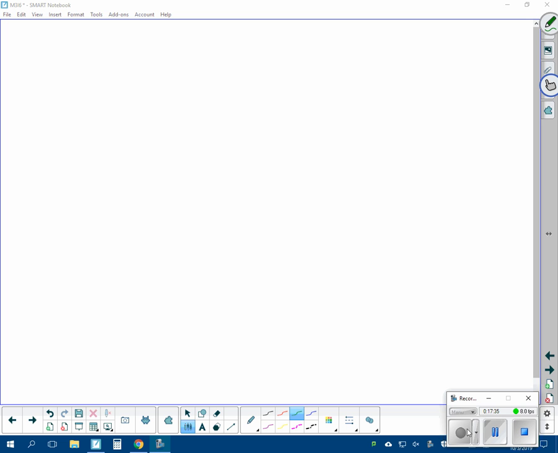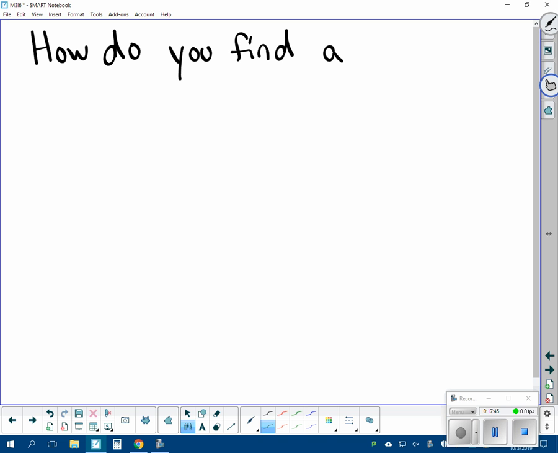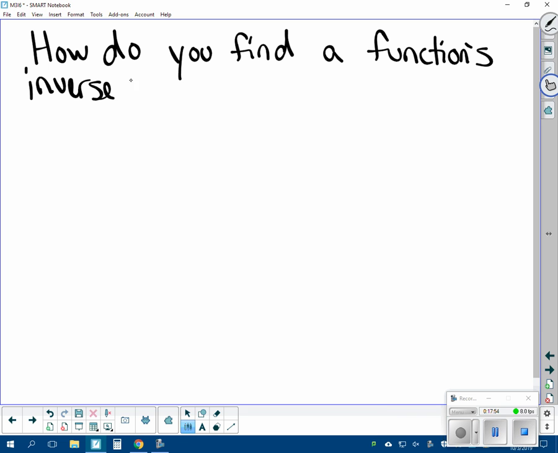Okay. So that brings us to, how do you find a function's inverse? And that is very similar to what we just did.